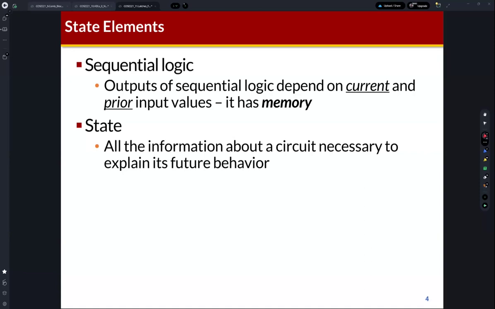In order to define this state, the system requires a memory element. It means the system needs to store state, right?